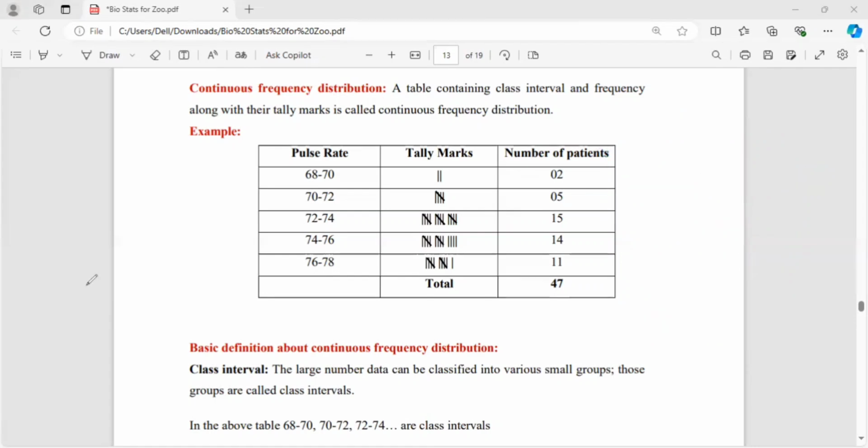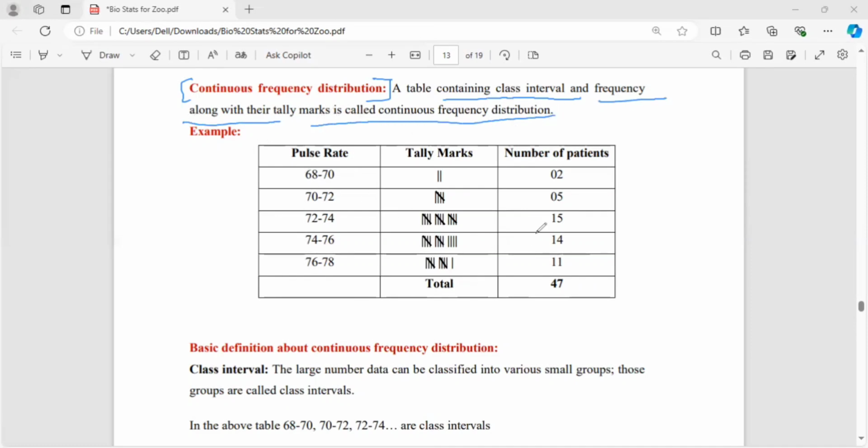The first one is continuous frequency distribution. Frequency distribution means, as we know, presenting the data in the form of tables. Tables means rows as well as columns. Continuous frequency distribution is a table containing class intervals and frequencies along with their tally marks.